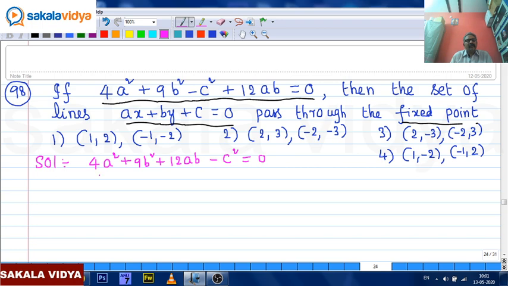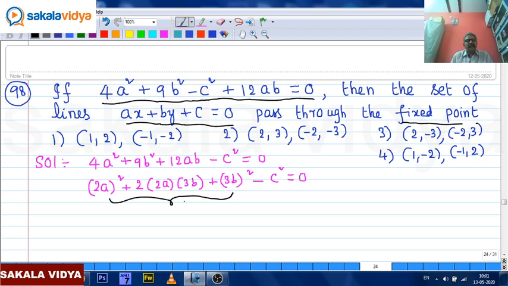This can be written as 2a whole square plus 2 into 2a, which is 4a, into 3b, that is 12ab, and 9b square can be written as 3b whole square, minus c square is equal to 0. If you observe these three terms, they form a perfect square. So we can write 2a plus 3b whole square minus c square is equal to 0.